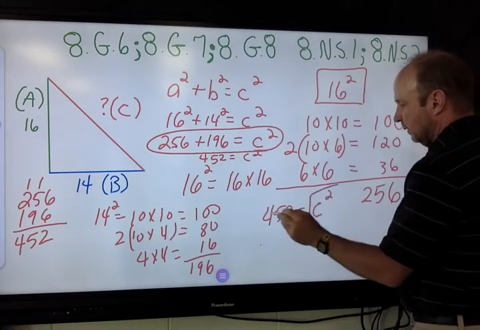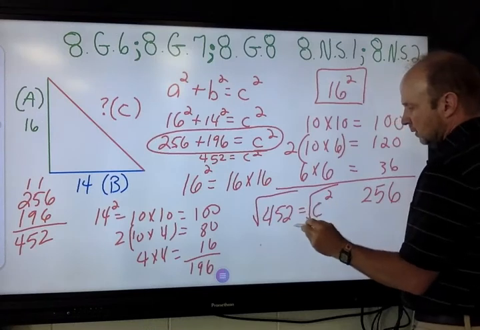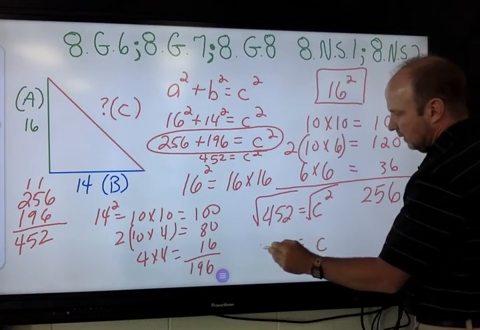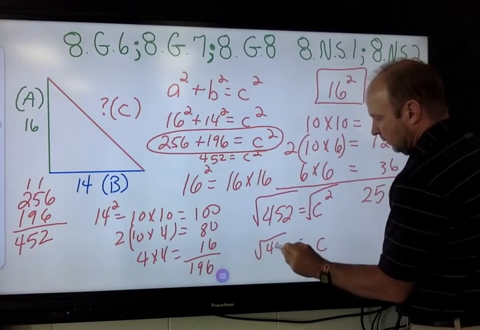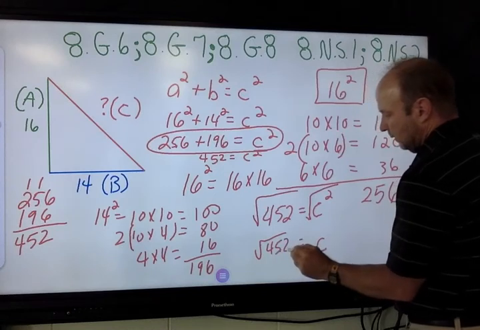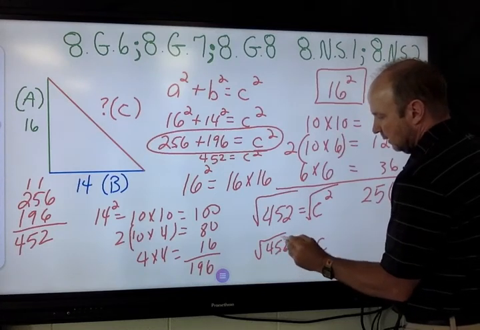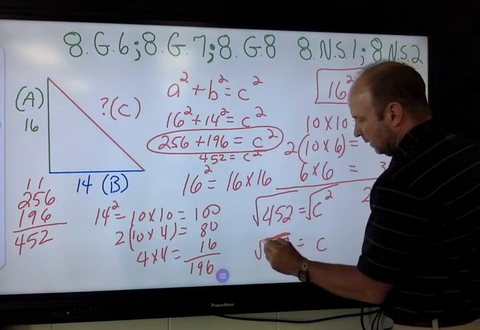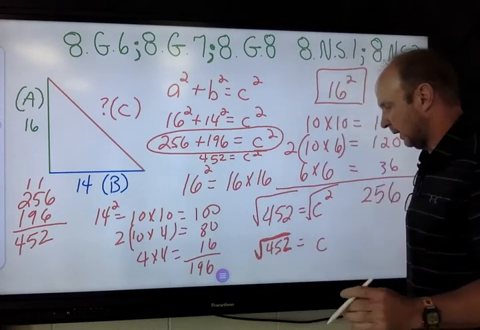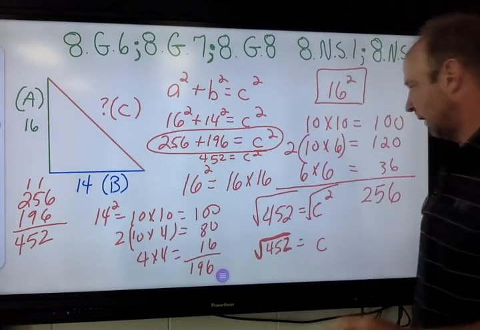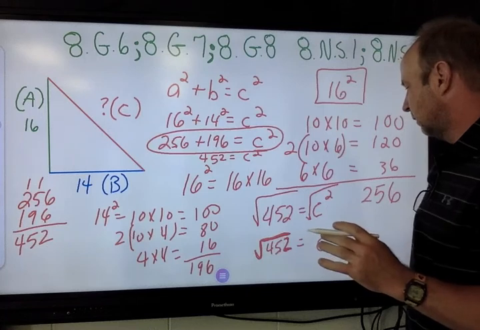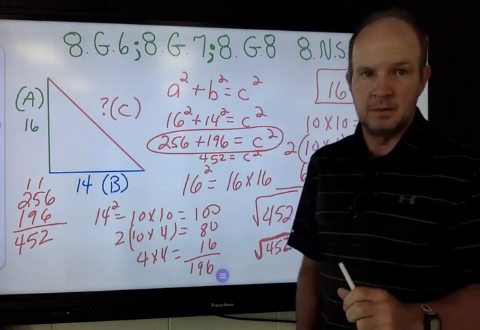I get the square root. So the square root will give me c, and the square root of 452, which is not a perfect square, but you can break it down further into radicals, but we're not going into detail, but it's actually the square root of 452. Thank you.